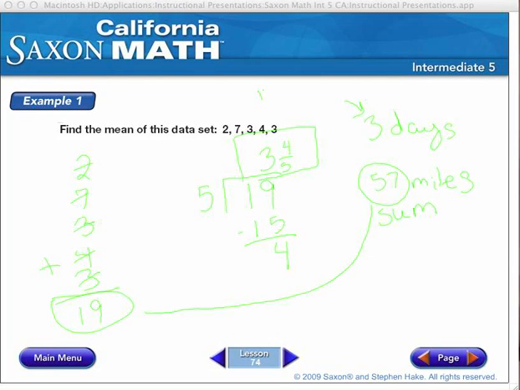Here are my number of addends. So I would divide 57 divided by 3 in order to get the average. So if you see a problem where you don't necessarily see a full data set, they've already done the sum for you, then you're just going to divide. Okay, let's move on to example 2.